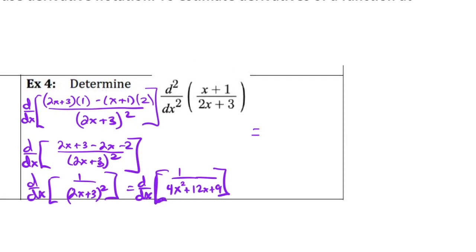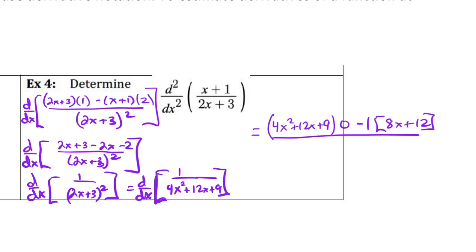That's going to be equal to your bottom expression, 4x squared plus 12x plus 9 times the derivative of the top. Oh, that's 0. Minus the top times the derivative of the bottom, which is going to be 8x plus 12 over that bottom expression squared.